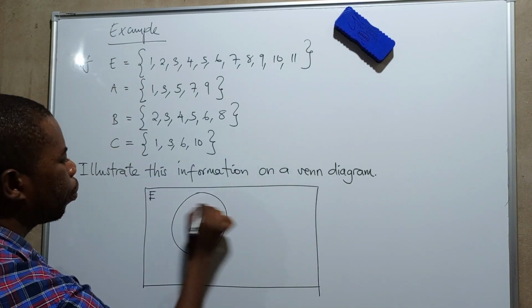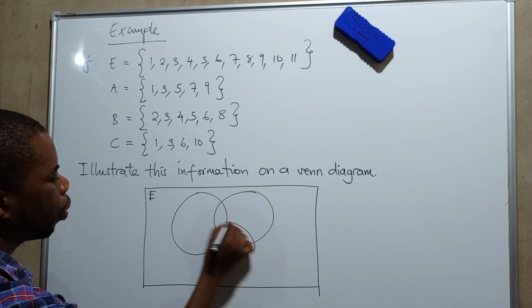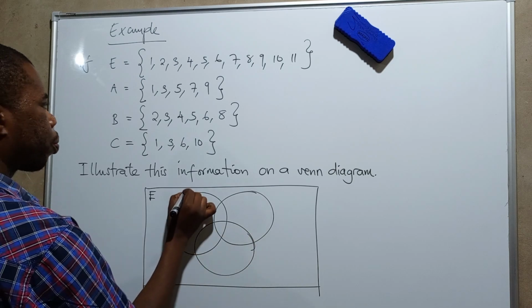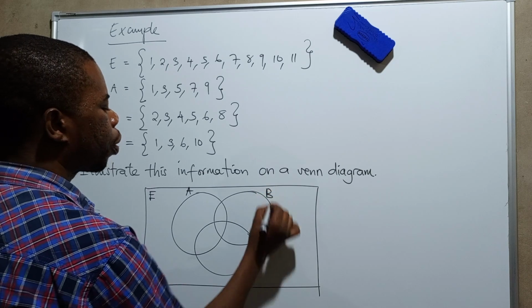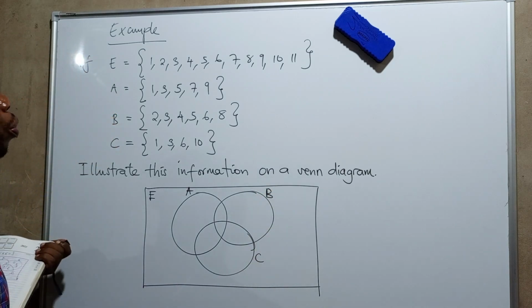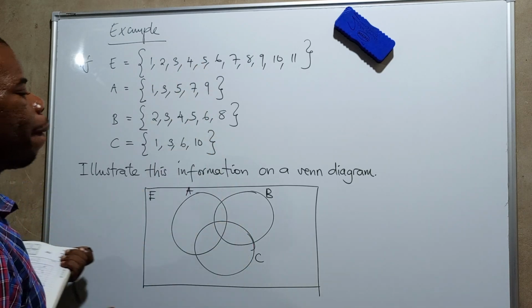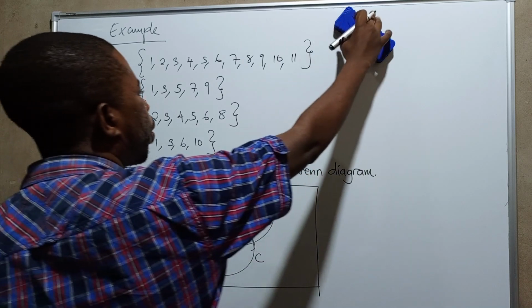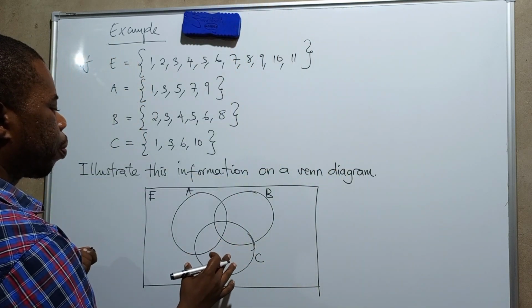Set A, set B, then set C. So how do we represent this information here? This is the way you can do it.